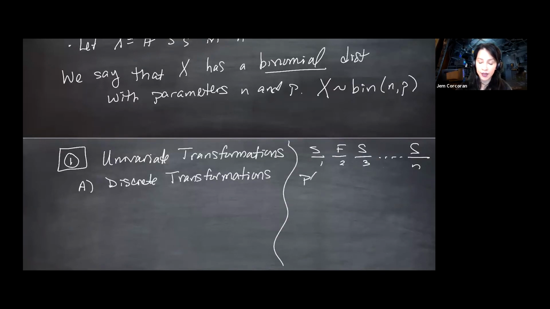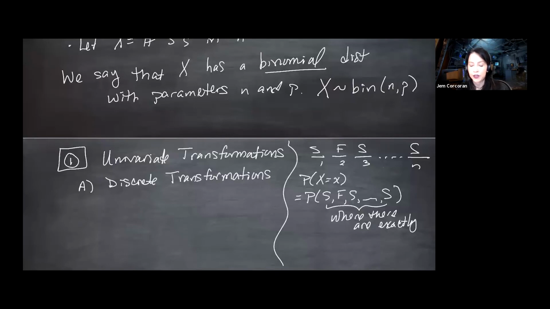So the probability that x equals little x is going to be the probability that we see S, F, S out through S, where there are exactly little x S's, plus the probability of F, F, S, F, where there are exactly little x S's.